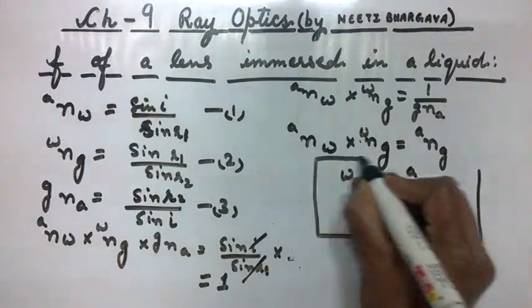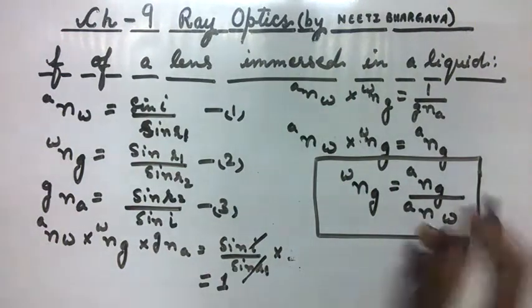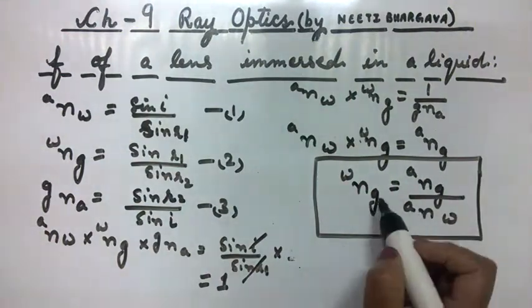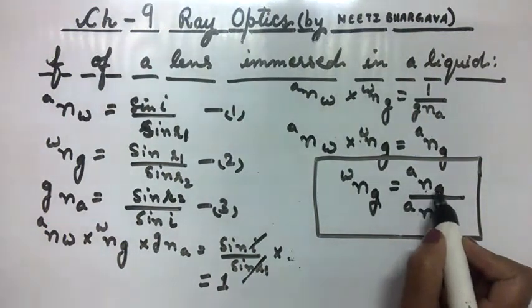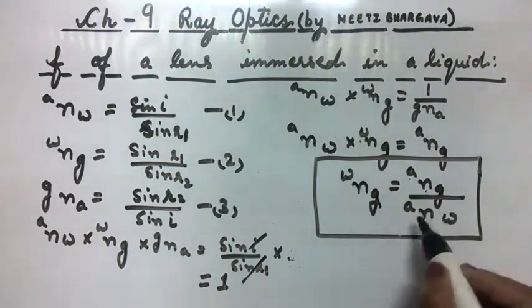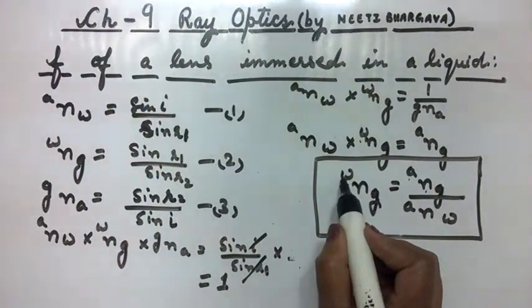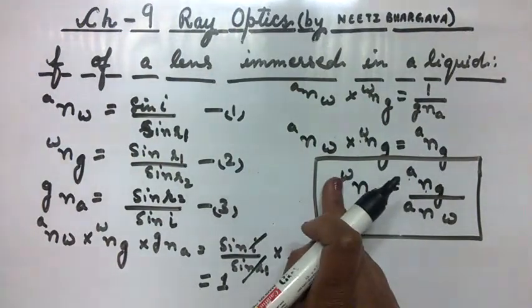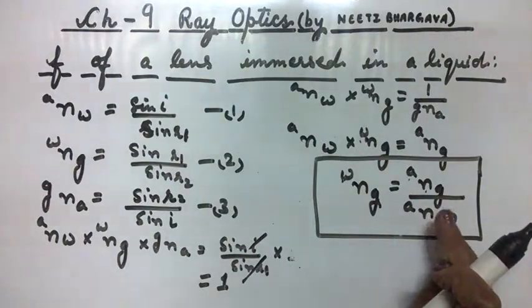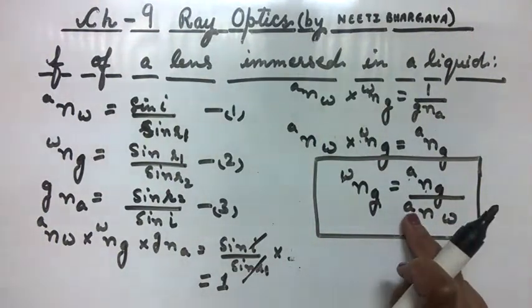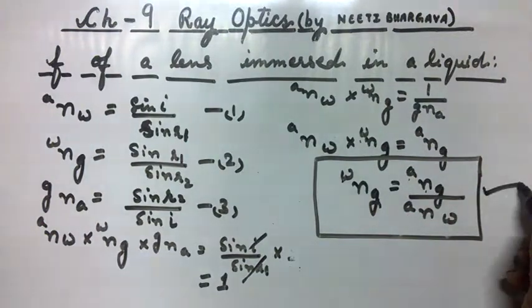You need to remember this, it's very easy. Here it's glass, so write it individually, the refractive index of glass with respect to air. And whatever term is given in the superscript, write it in the denominator, that is the refractive index of water with respect to air. So remember this.